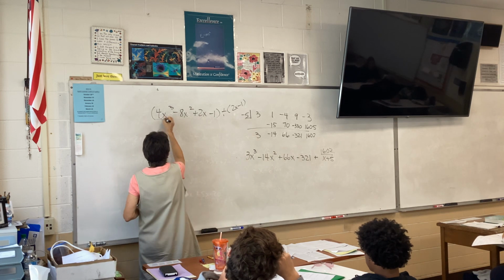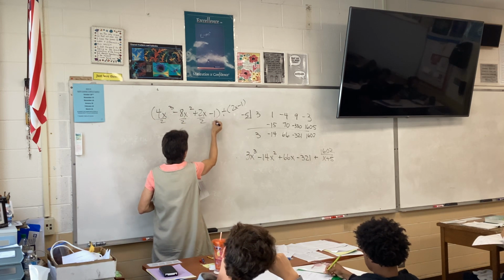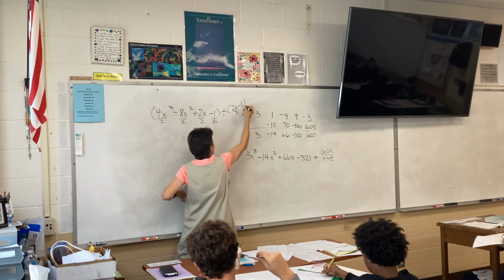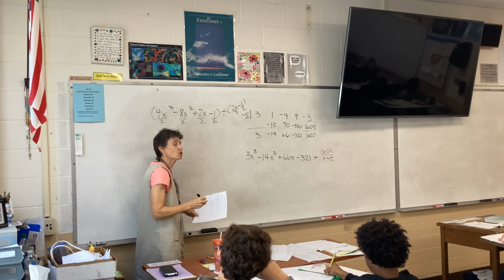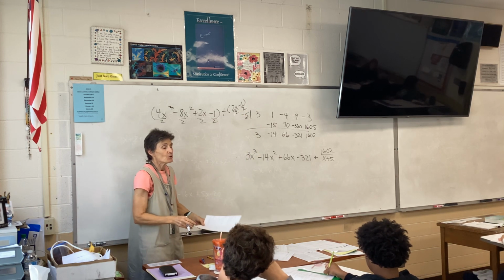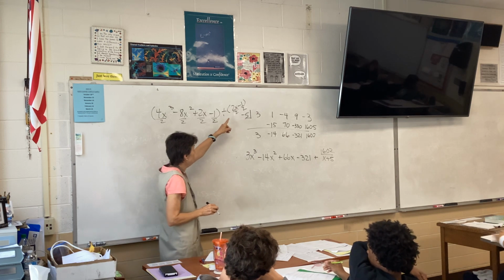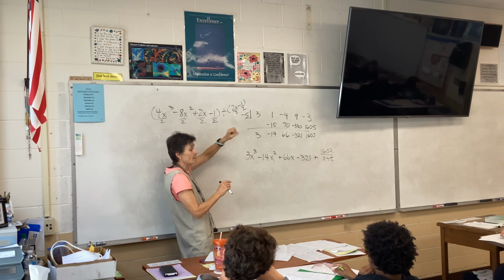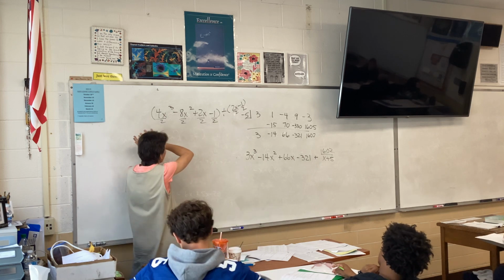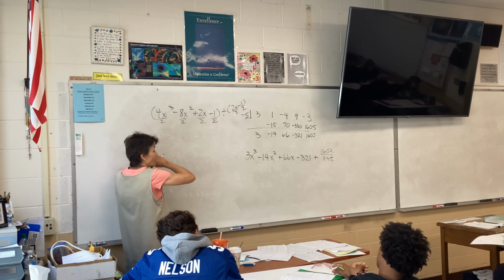So we're going to have to divide the whole shebang by 2. You can't just divide the divisor. You have to get rid of that 2, which you have to do in synthetic division. Everything has to get divided by 2.